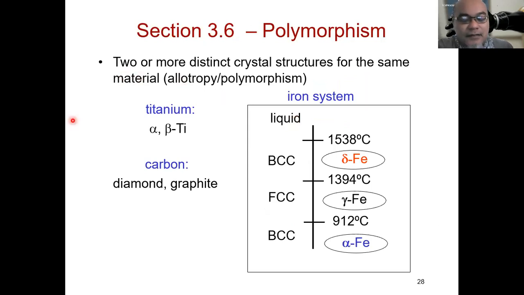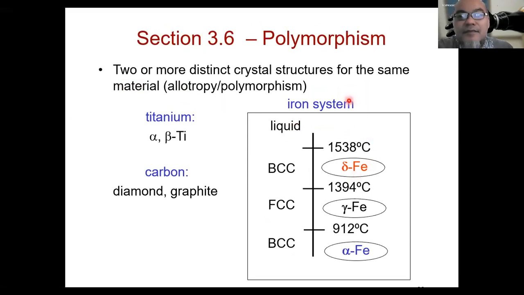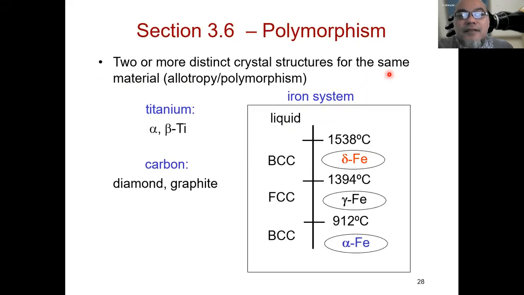Another property of crystal structure that we get in materials is polymorphism, or allotropy. This is what I think Andy and Angeli mentioned last week in the group discussion, when they put graphene, although at that time they could not answer properly what allotropy is.